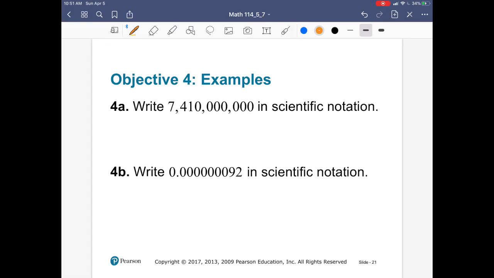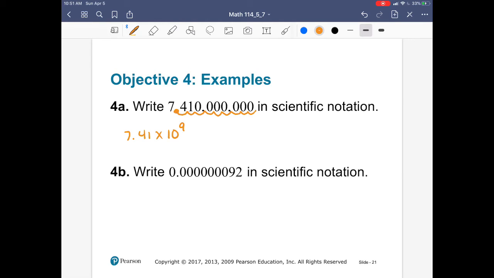So we need to put our decimal place right there. If it's right here right now, how many times am I going to move it? 1, 2, 3, 4, 5, 6, 7, 8, 9. So this becomes 7.41 times 10, and since we moved it 9 times, it's going to be to the power of 9.